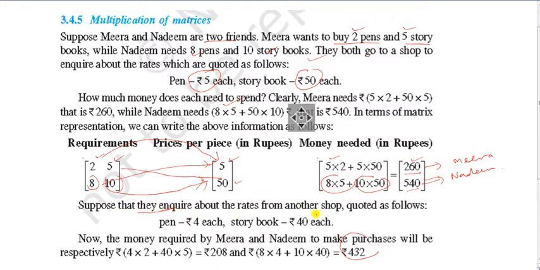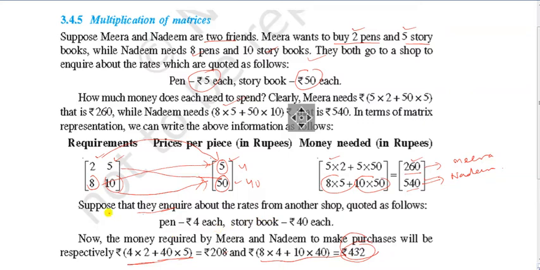Now let us see the second scenario. They inquire about the rates from another shop and are quoted as follows: pen 4 each and storybook 40 each. So here I will replace this one by 4 and this one by 40. Hence the required amount for Meera will be 4 into 2 plus 40 into 50, that is rupees 208, and for Nadim it will be 8 into 4 plus 10 into 40, which is equal to rupees 432.